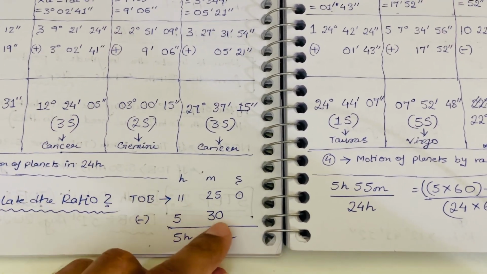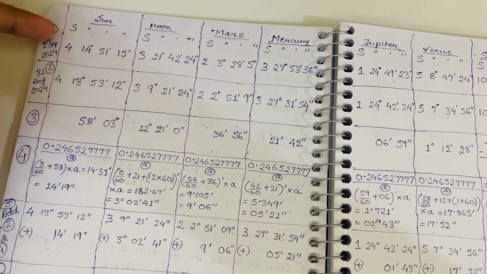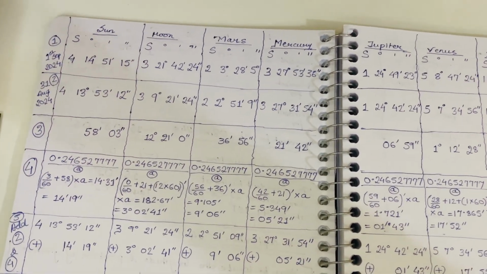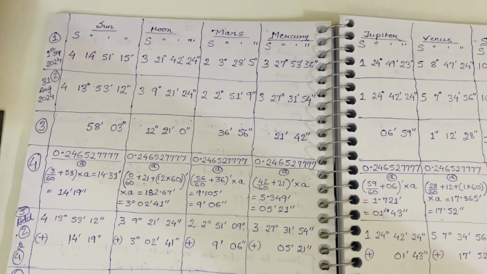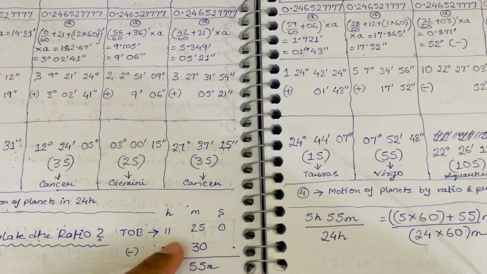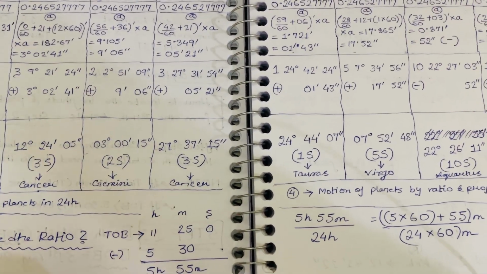The ephemeris time is 5:30, and all the planetary values you see in step 1 and step 2 are for 5:30, but we need to calculate the planetary positions and longitudes at 11:25. This is where we are doing the subtraction.